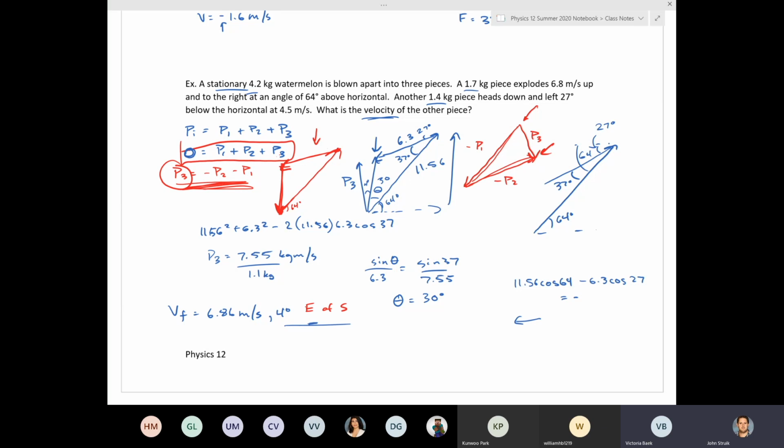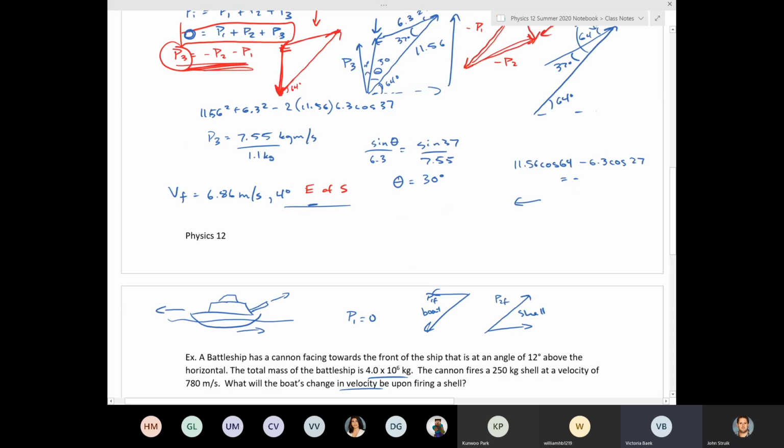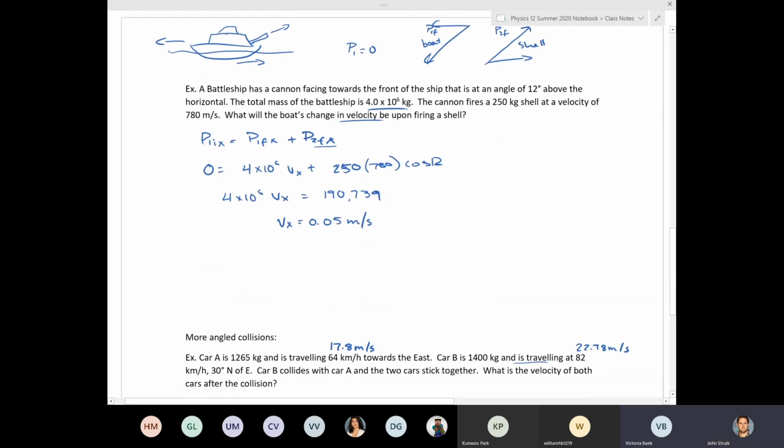And for the next example, the battleship example, you said we don't need to get the y value, but how do you know if you only need the x values? You kind of have to picture it in your head. Like if I were to say, hey, which way is that boat going?